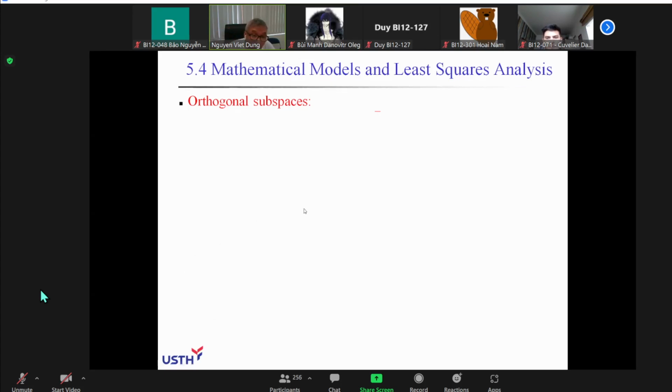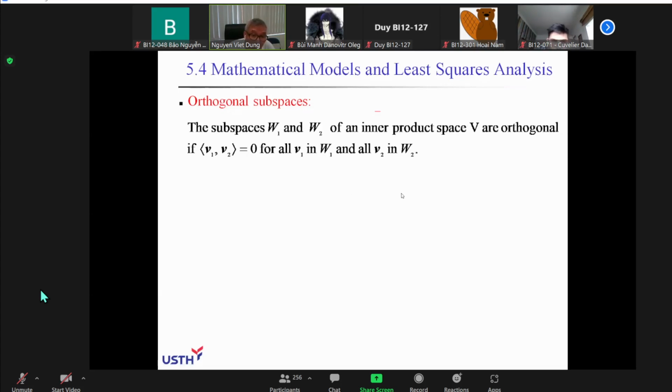First, we define what we call orthogonal subspaces. Here, suppose that we are given two subspaces W1 and W2 of an inner product space V, and we say that W1 and W2 are orthogonal to each other if and only if, for any v1 in W1 and any v2 in W2, we always have the inner product of v1 and v2 equal to 0.